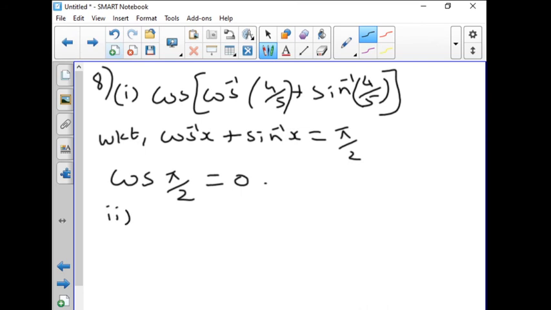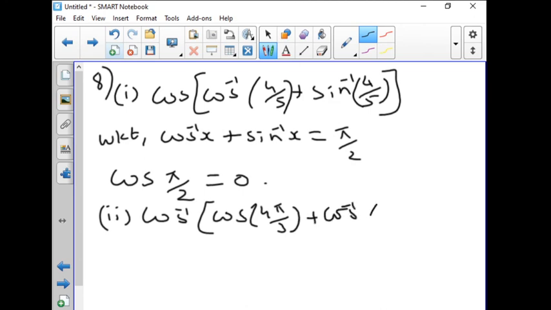And what about the second subdivision? Second subdivision, similar one we have done in 4.1. But anyhow, I will explain you. Listen carefully. Cos inverse of cos 4 pi by 3 plus cos inverse of cos 5 pi by 4.